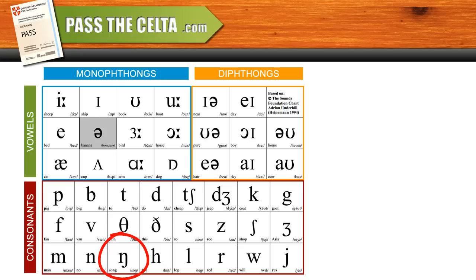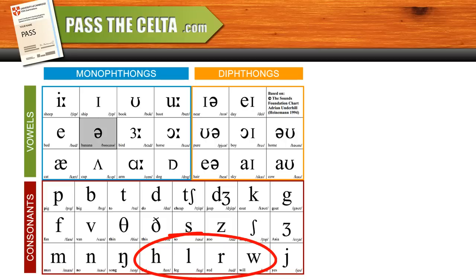It's a very, very soft N, I guess is the best way for me to describe it to you. Try saying the word song. We don't pronounce a hard N there. Okay, and it's represented by what looks to be a Latin N with a long tail, like a J, I guess, attached to it.